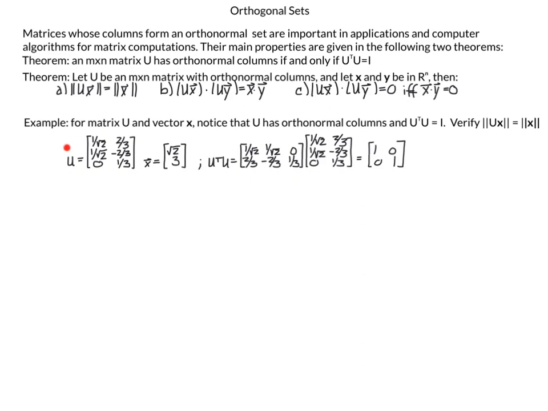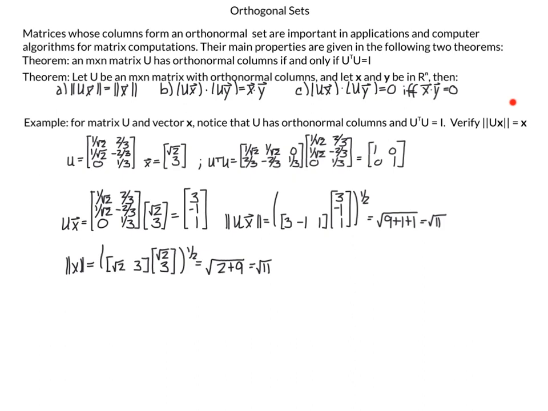U is the 3 by 2 matrix with column vectors 1 over square root of 2, 1 over square root of 2, 0, and 2 thirds, minus 2 thirds, 1 third, and x is the vector square root of 2, 3. And again, we're given that U transpose, where the first column is our first row and the second column is our second row, times U is equal to the identity matrix.